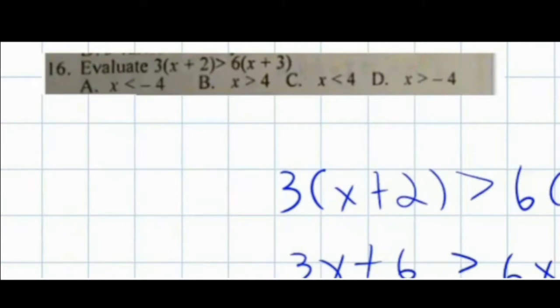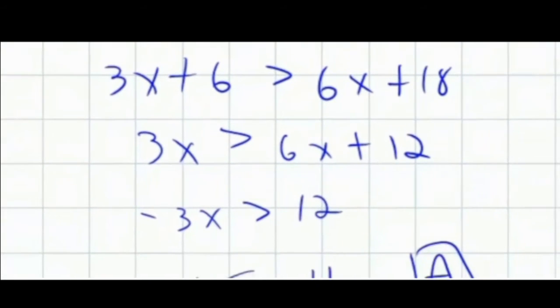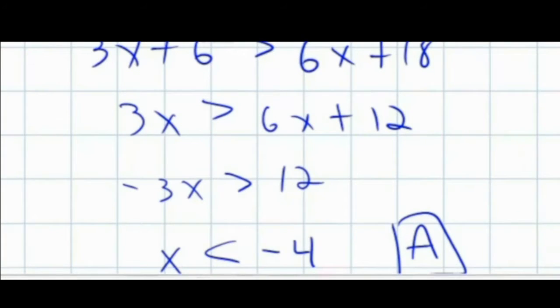Question 16 wants us to evaluate this inequality. And so we have 3 times the quantity x plus 2 is greater than 6 times the quantity x plus 3. So what I started out by doing was just multiplying out these numbers. So now I have 3x plus 6 is greater than 6x plus 18.